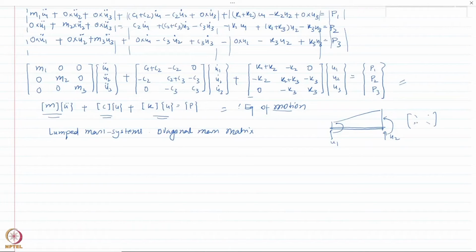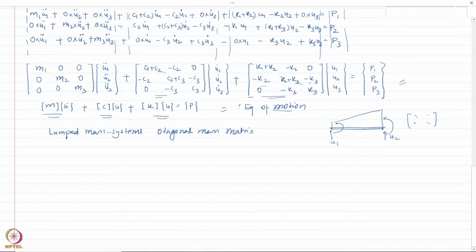Okay, now let us look at the stiffness matrix and the damping matrix. The first observation is that the stiffness and the damping matrices are symmetric. We have the diagonal elements k1 plus k2, k2 plus k3 and k3, but the off diagonal terms are mirror images of each other along the diagonal: minus k2 here, minus k2 here, minus k3 here, minus k3 here.